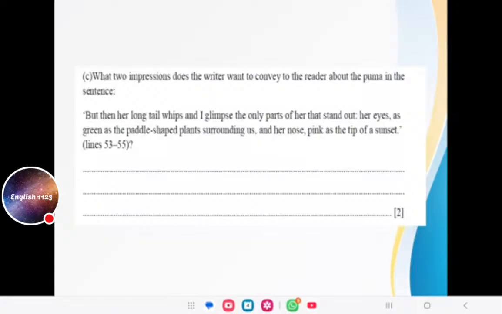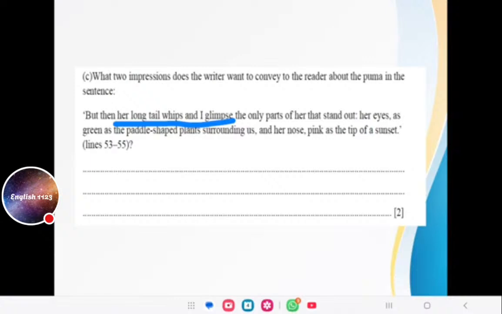First thing is, her long tail whips. That tells how alert the animal is. If her tail is whipping, that means the animal is alert.